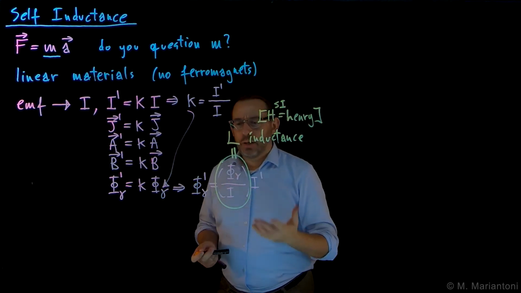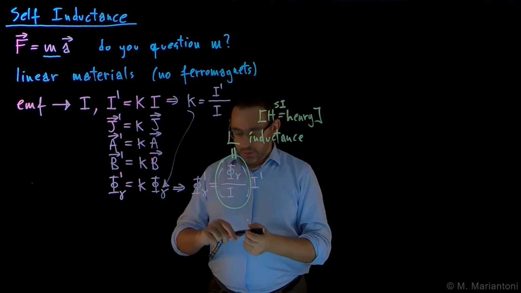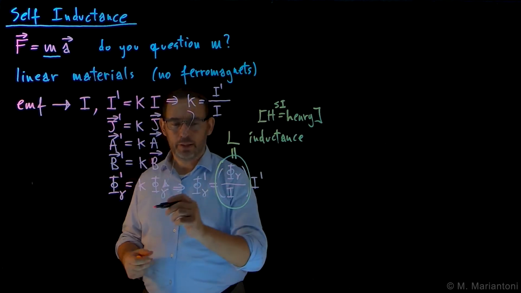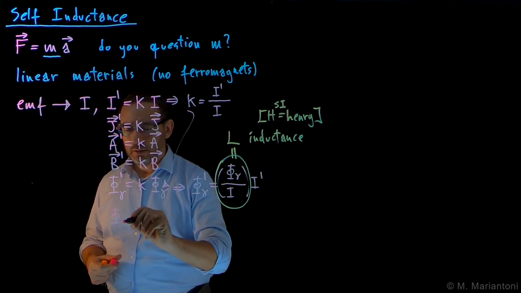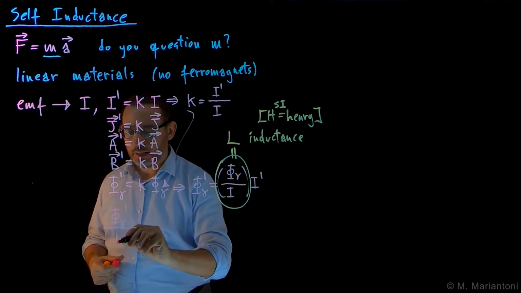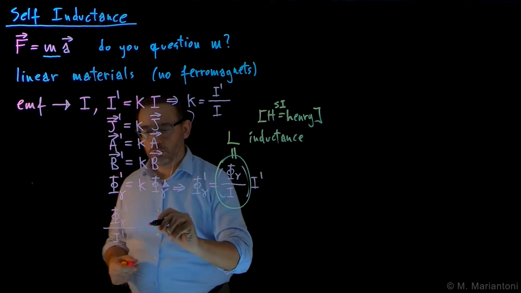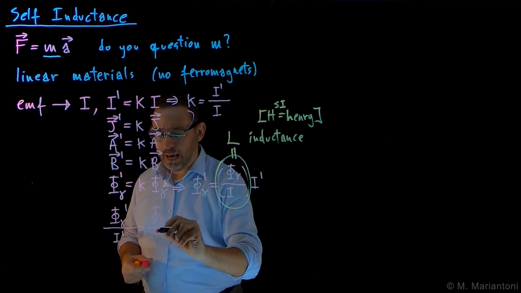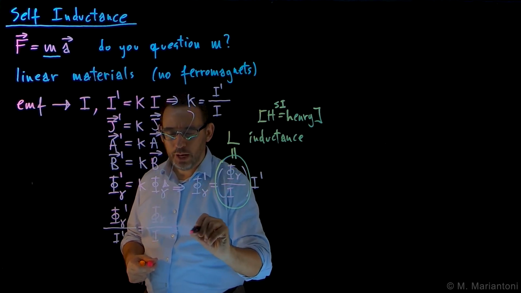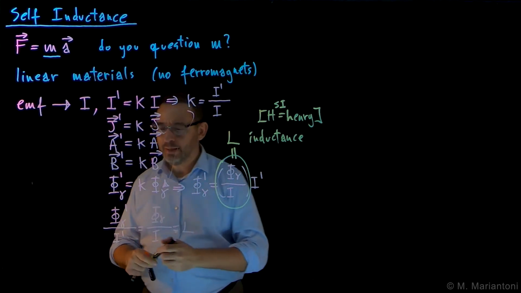Okay, so now what we see is that phi gamma prime divided by I prime is equal to phi gamma divided by I, which is equal to L. This is the key result.